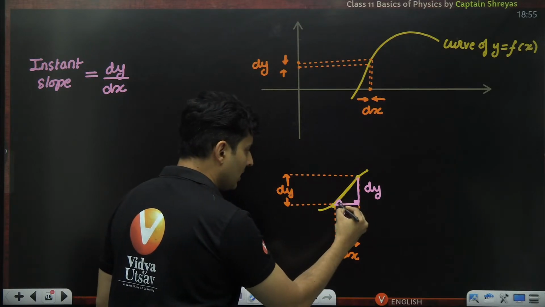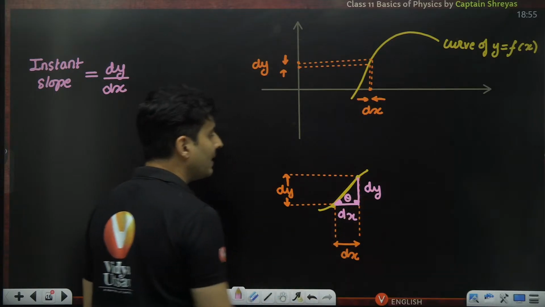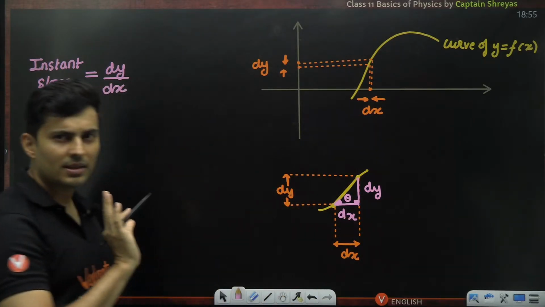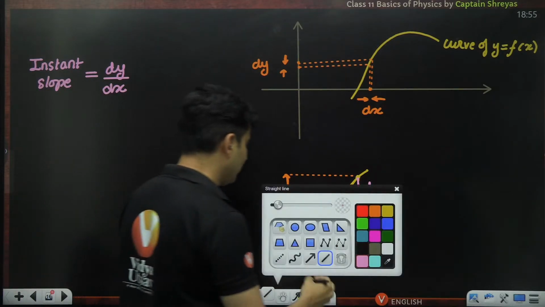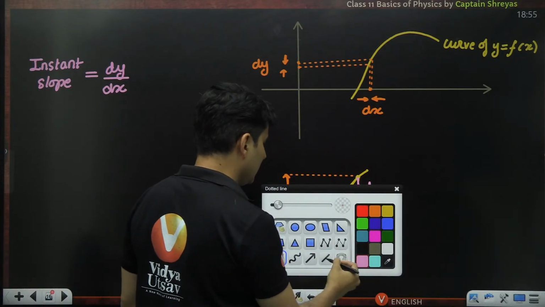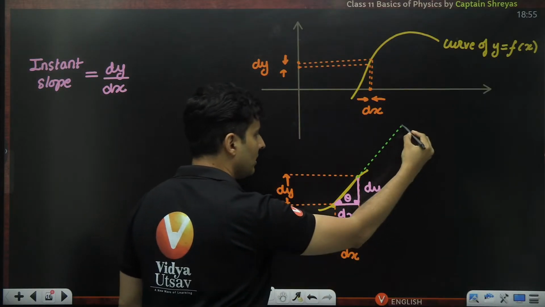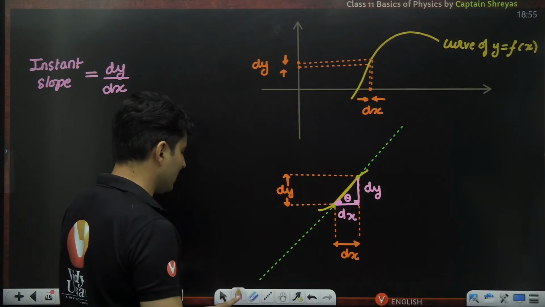How about checking out this angle over here? Let's say I will call it theta. Now, what will happen if I extend that hypotenuse here and here?